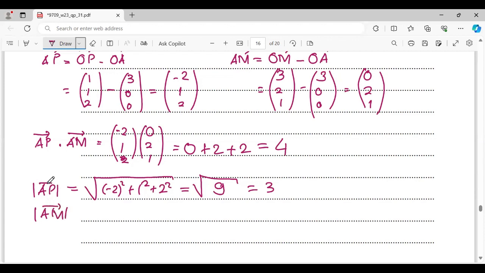Modulus AM is the square root of 0 squared plus 2 squared plus 1 squared, which is the square root of 5.